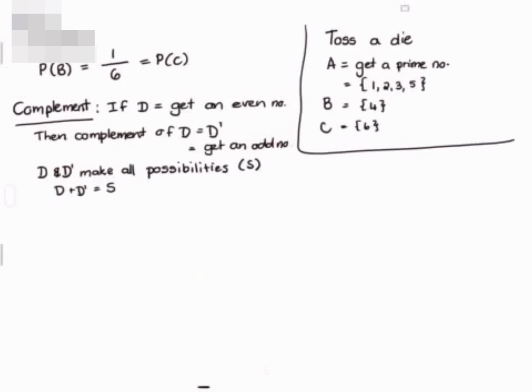Now, the certainty. If the probability of an event, let's just give it a completely new name, event E, is 1, then it is certain. Then E is actually your sample space.